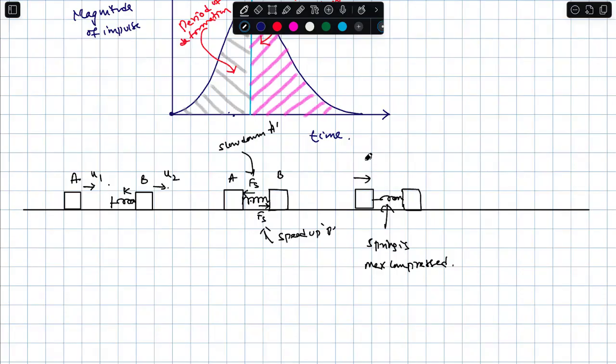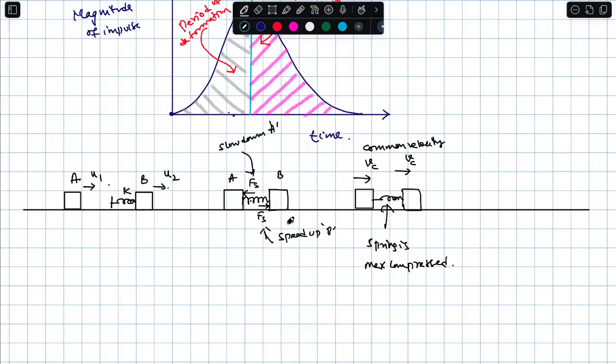At that stage, both will have a common velocity. So till common velocity, compression takes place. Thereafter, what happens? The speed of B keeps increasing compared to A, and with respect to A, the speed of B keeps increasing. So therefore, the spring starts recovering.